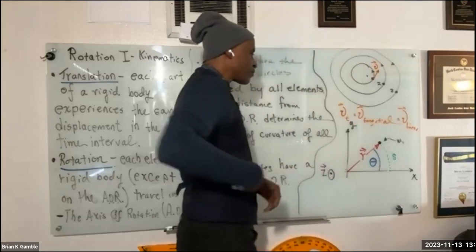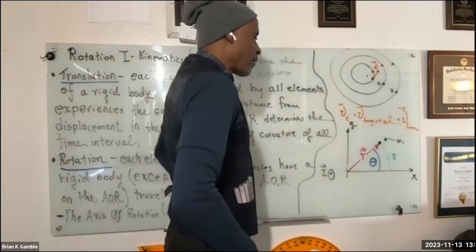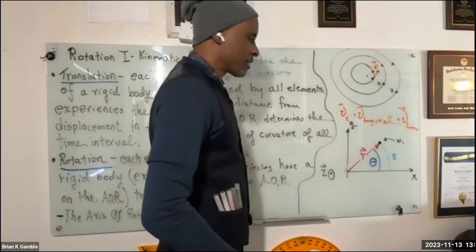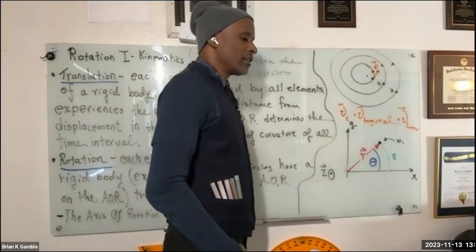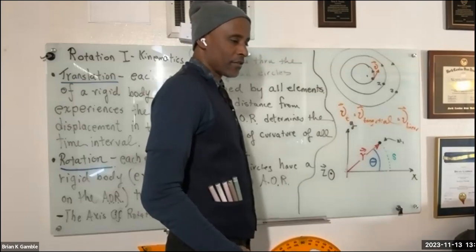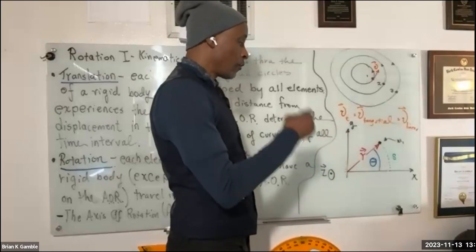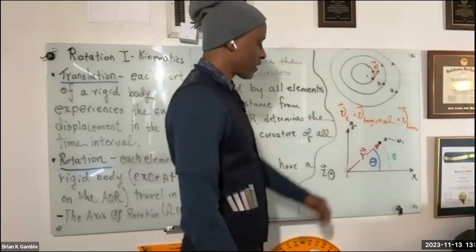And so it gives rise to something you're familiar with, the arc length formula. However, I'm not going to write it as the arc length formula, because that's not really a concept in itself. In fact, the arc length formula comes out of this concept, which is the definition of an angle.